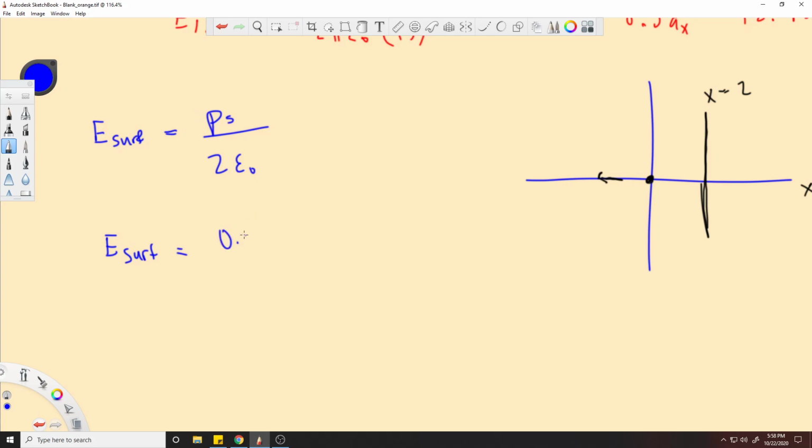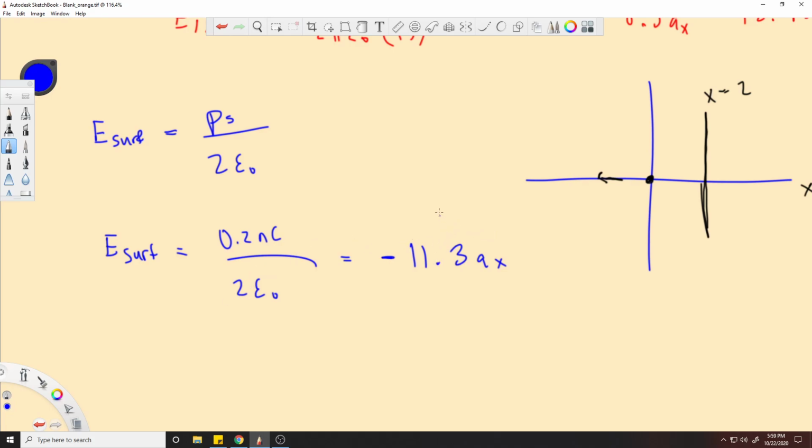So 0.2 nanocoulombs over 2 epsilon naught will equal negative 11.3. And know that the negative number does not come from this equation. That negative number comes from here, because I know when we're going to add these all together, I have to factor that in, right? This equation doesn't account for that.